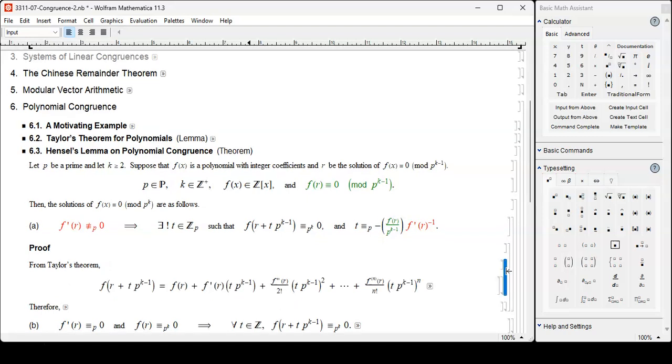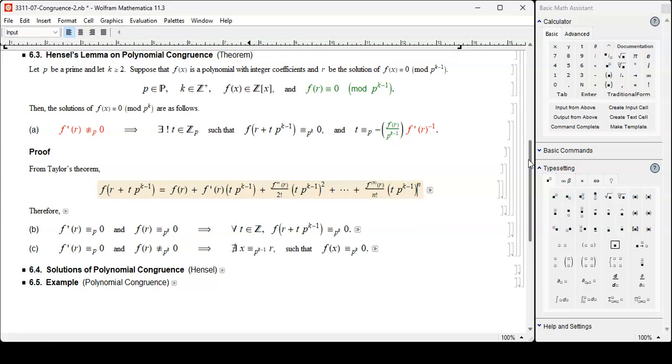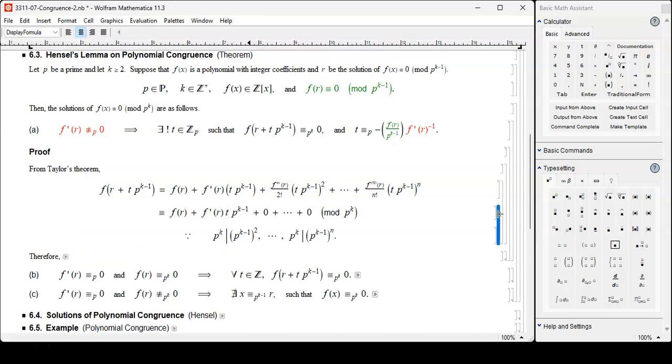We began with a Taylor series expansion. Taylor polynomial rather, because this is a polynomial, we don't need an infinite series. And then quadratic or higher terms should all disappear because p to the k power divides all the higher powers, p to the k minus 1 to the second power or so. 2 times k minus 1 is greater than k, and so on and so forth.